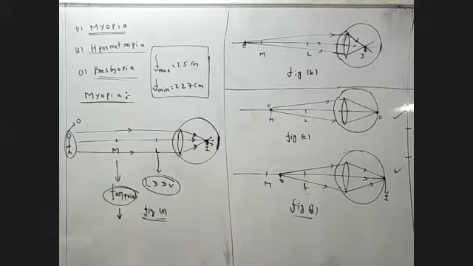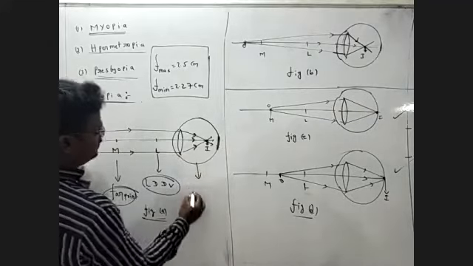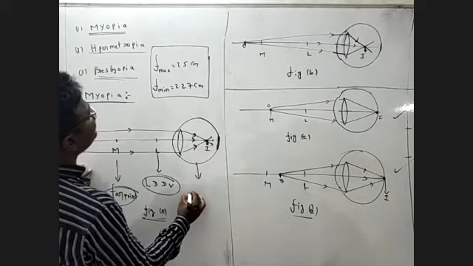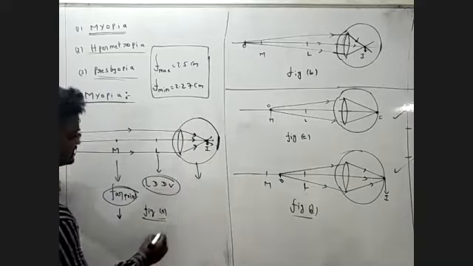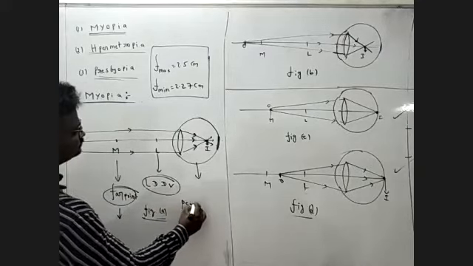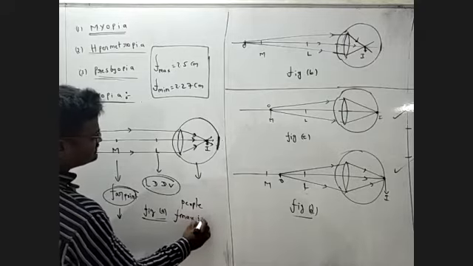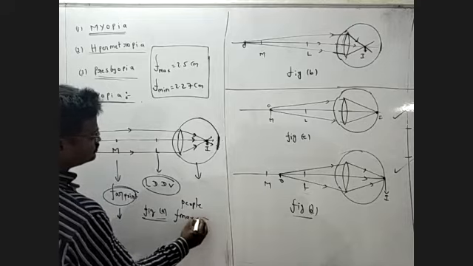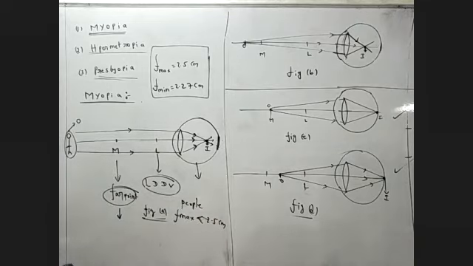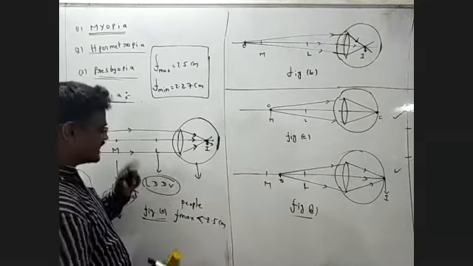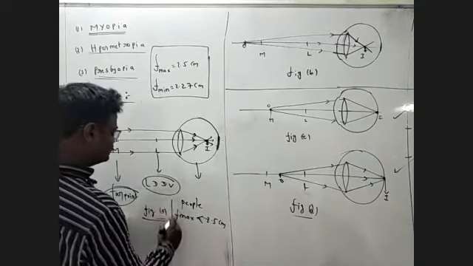But you see that this type of person has the problem: the maximum focal length is less than 2.5 centimeters.